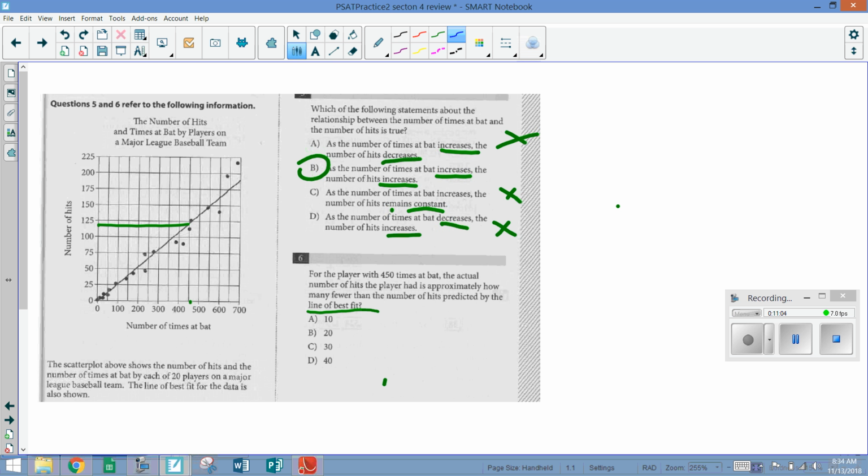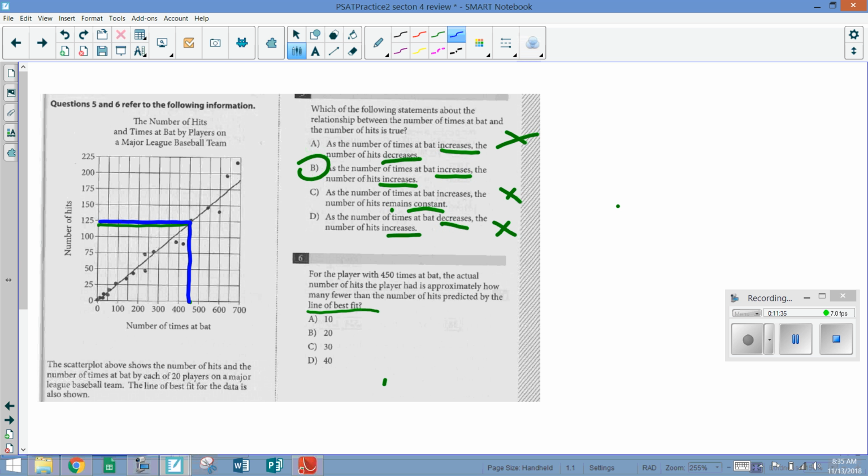125 minus, the line of best fit is the line itself. And when I go all the way up, it's going to be 125, right? 125, and how many less?